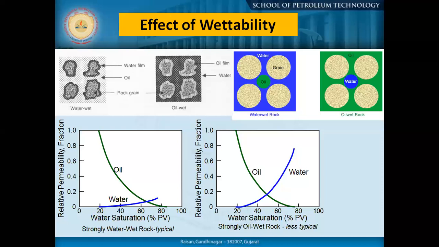Because I told you, if you are planning the exploitation of a reservoir, it is not only for 1 year; the reservoir will produce for 50, 60, 70, 80 years down the line. You have to plan accordingly, depending on the behavior of the crude oil, the change of rock properties with time, and the change of water saturation with time. That is the most important aspect you need to understand. Any questions on this point?